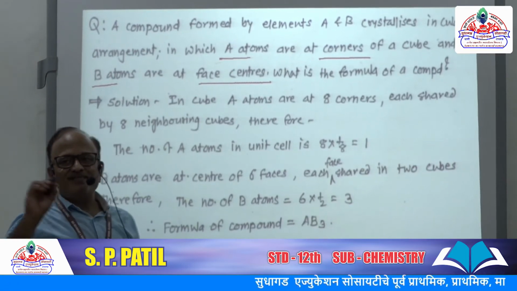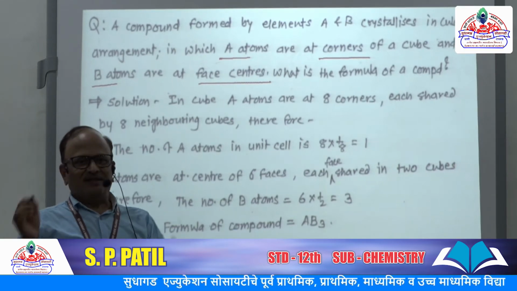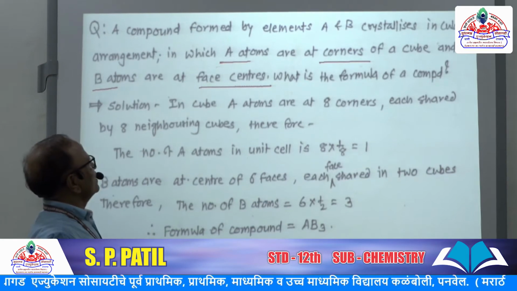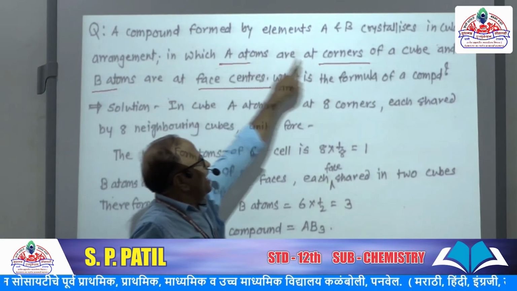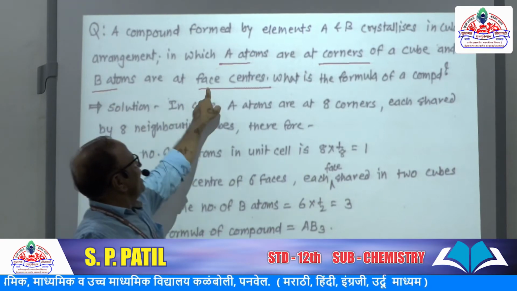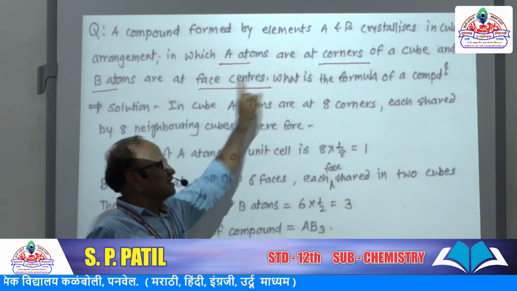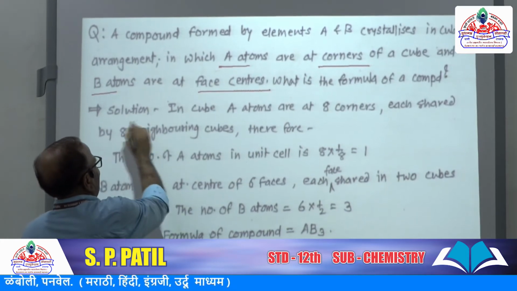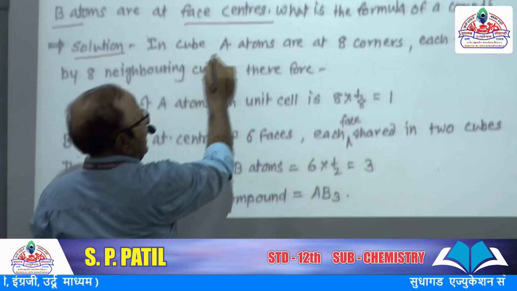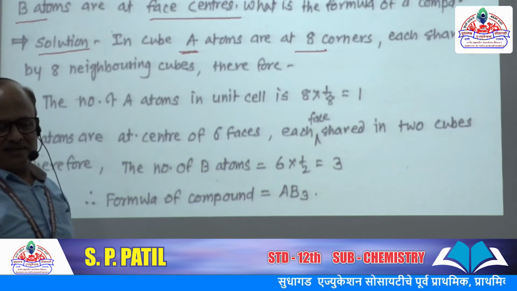So the cube is made up of two types of particles, A and B. The sites of these A and B particles are provided to us: A present at the corners and B atoms present at the centers of the faces. For the solution, in this cube A atoms are present at 8 corners.